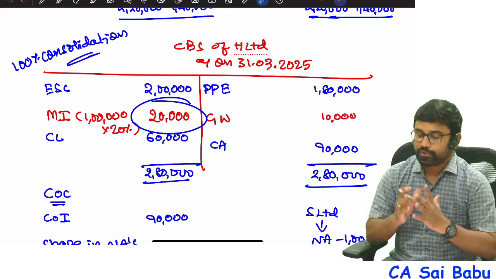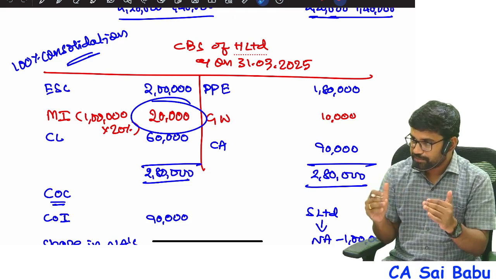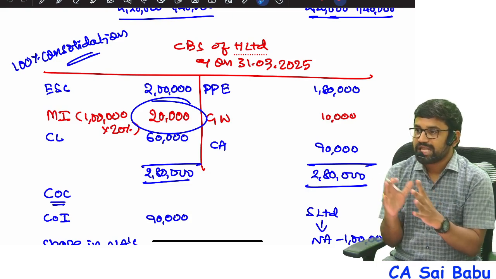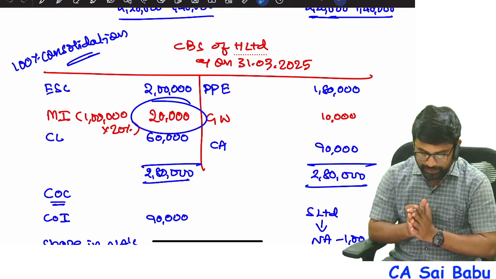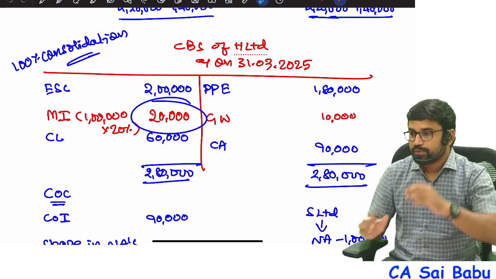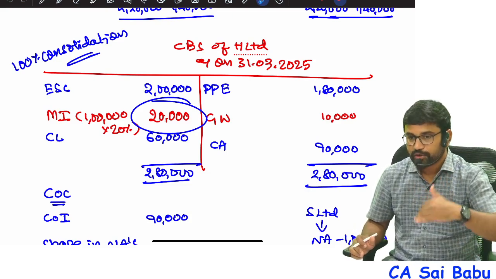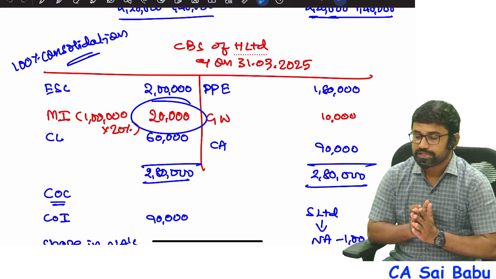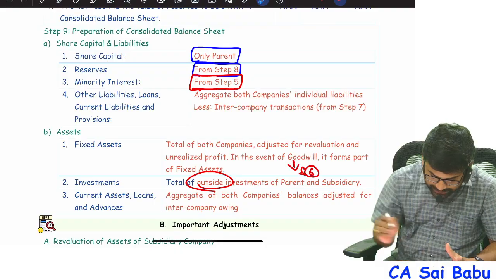Now, I am going to discuss each and every step in detail, especially the analysis of subsidiary company reserves and surplus, which is the most important step. Once you have done the analysis properly, then apportionment, minority interest, cost of control, reserves for consolidated balance sheet, these steps will be very easy. Okay, so let us start.